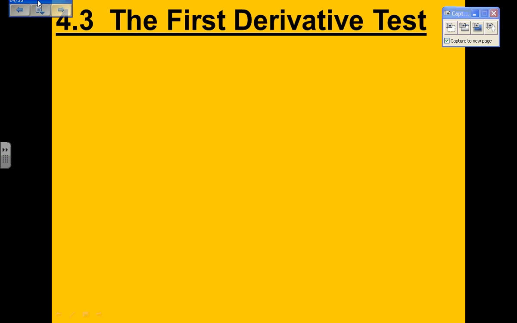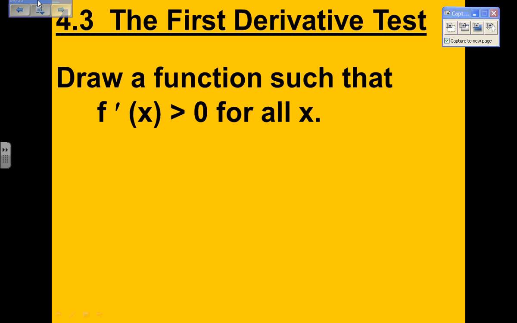Ready, Kylie? Ready, Ken? Nice! Here we go. So, what does that mean? When you want to draw a function such that the derivative is positive for all x. What does it mean when the derivative is positive? Yep, slope of the tangent line is positive.